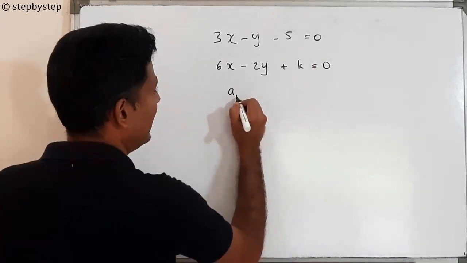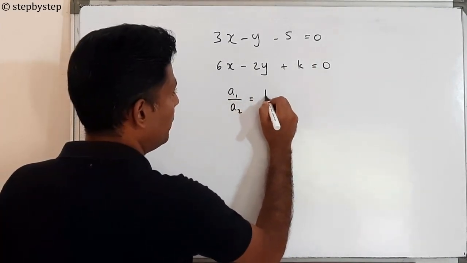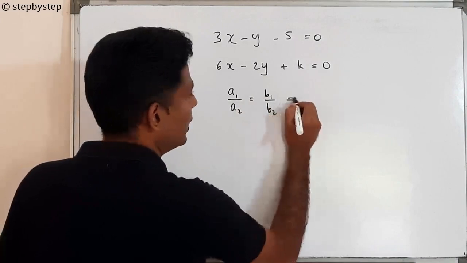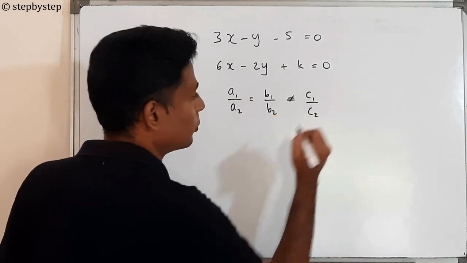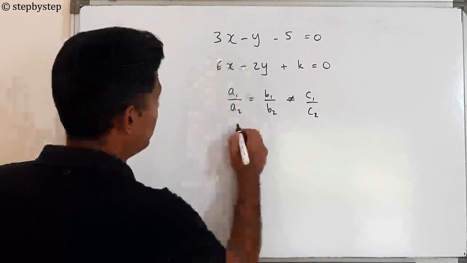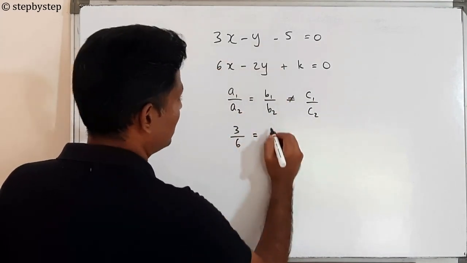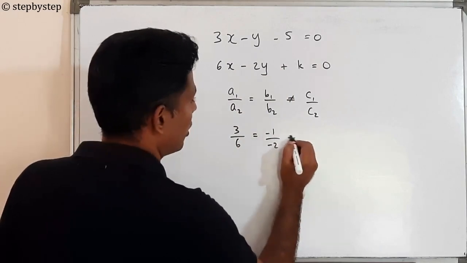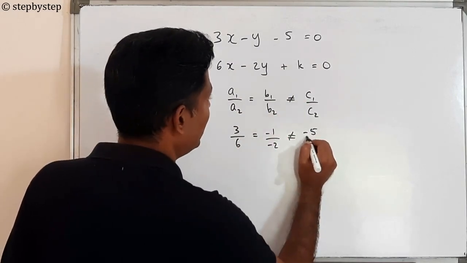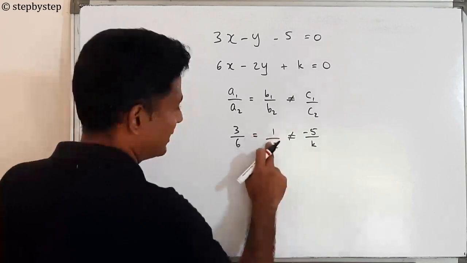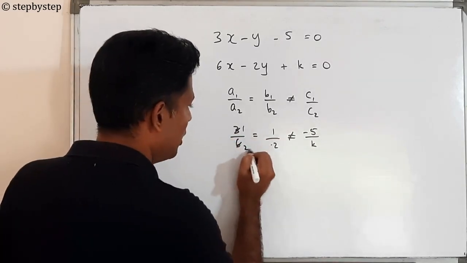Now the condition is A1 by A2 equal to B1 by B2 not equal to C1 by C2. So A1 by A2 is 3 by 6, equal to minus 1 by minus 2, not equal to minus 5 by K. The minus signs cancel, this becomes 1 by 2, 1 by 2.